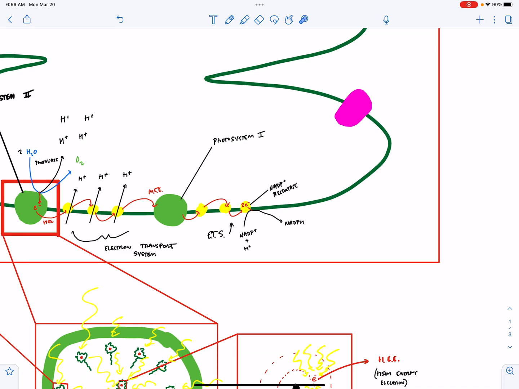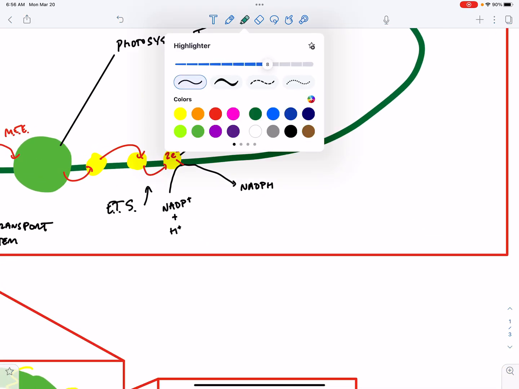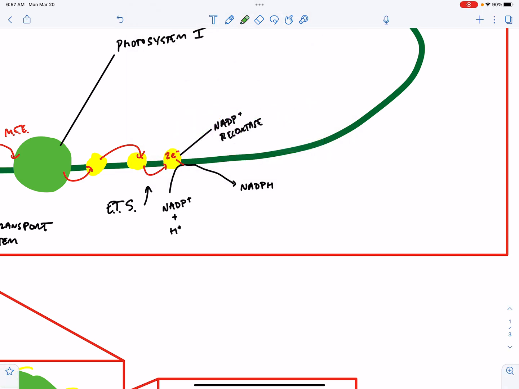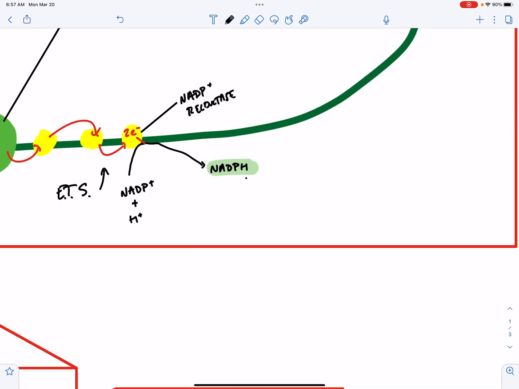Okay, so we've created NADPH. This is very important because it is a product of the light-dependent reactions, and we're going to send it on.